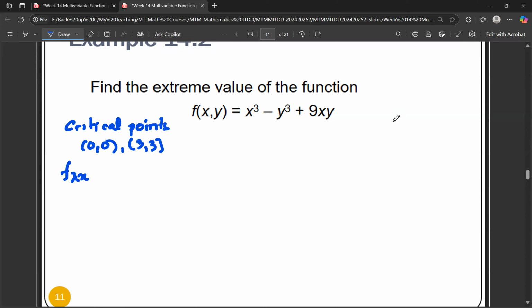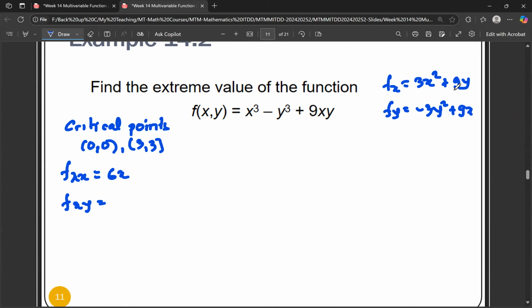As we know from the previous, fx is 3x squared plus 9y, so fxx will be 6x, and fy is minus 3y squared plus 9x. So fxy will be 9, and fyy will be minus 6y.